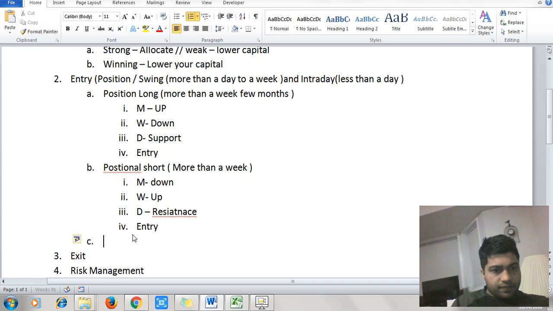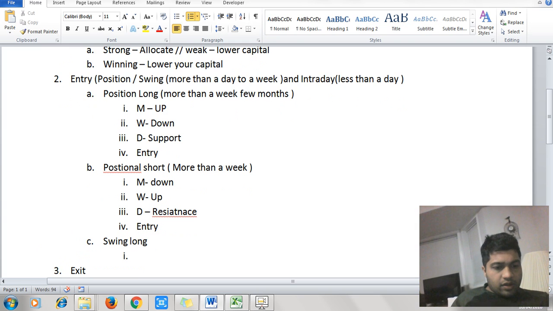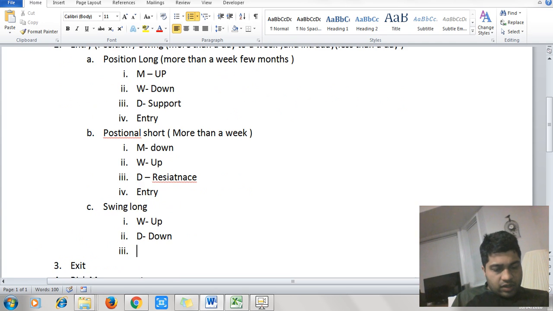Same way, C will be swing long. Look at weekly, it should be up. Look at daily, it should be down. Look at the hourly chart for support.